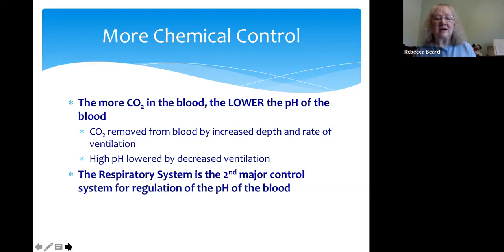The next module, we'll talk about the major control system, the number one control system for the regulation of pH of the blood. And that's going to be the urinary system. And the reason that is important because the urinary system is controlling the chemical levels of a lot of different chemicals in our bodies. So we'll find out more about that starting next week.